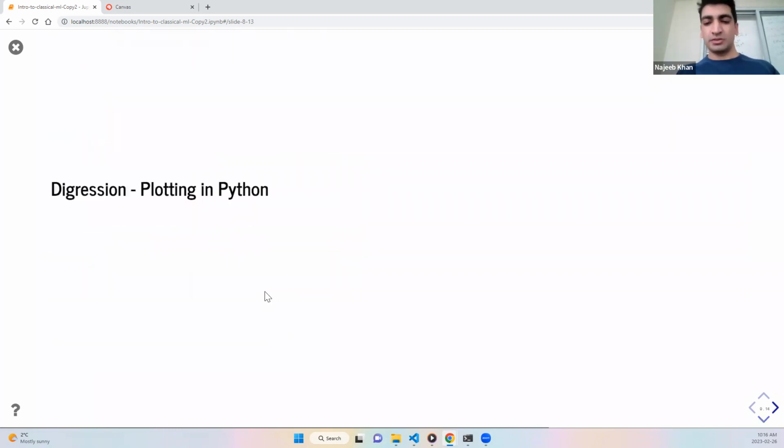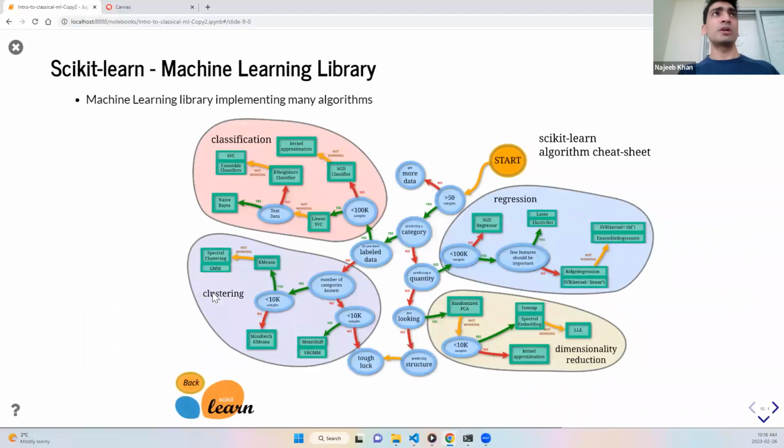Okay, so that's the part that I wanted to go over. In terms of more theoretical content, we are moving towards the machine learning libraries so that you don't have to code all of this every time and can use pre-made libraries off the shelf. But before going on, if there are any questions, I'm happy to answer.